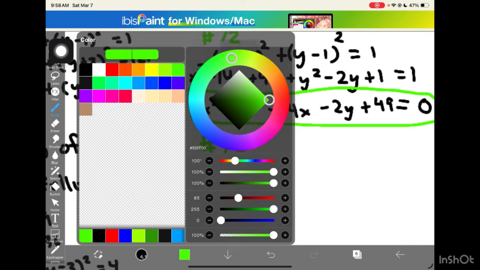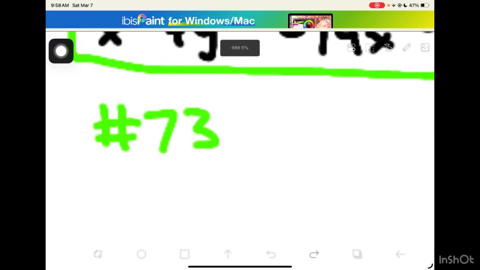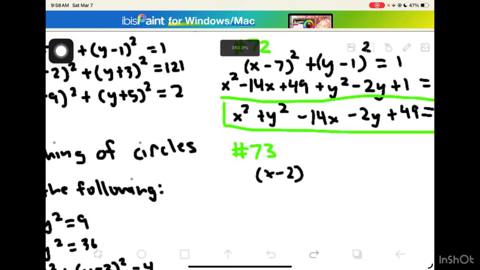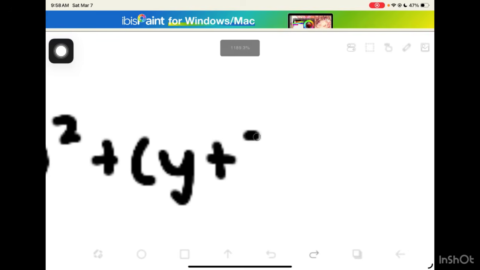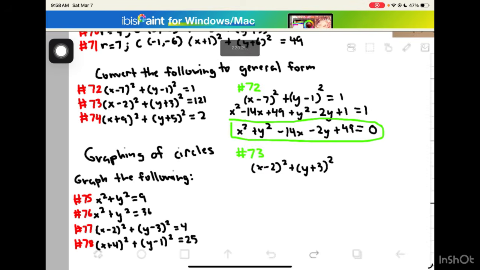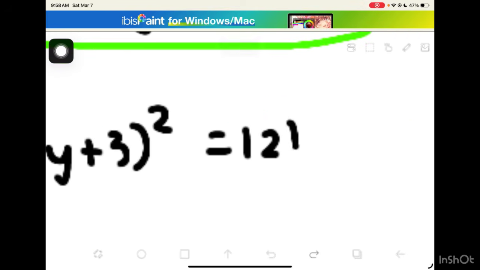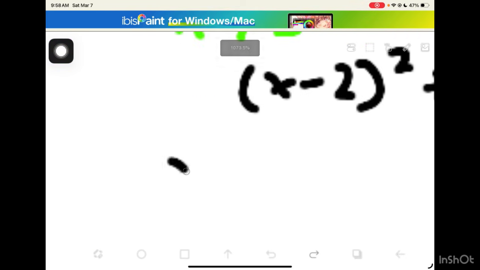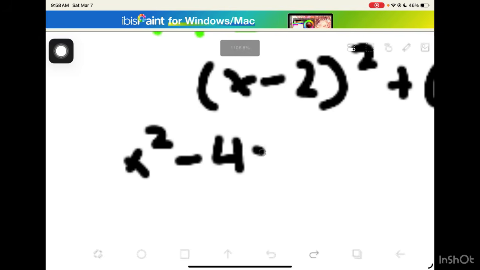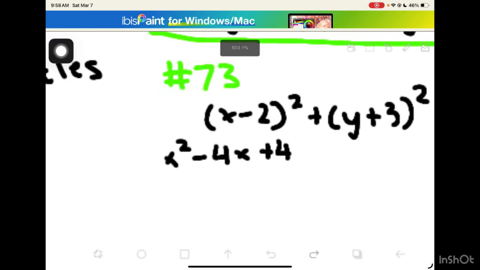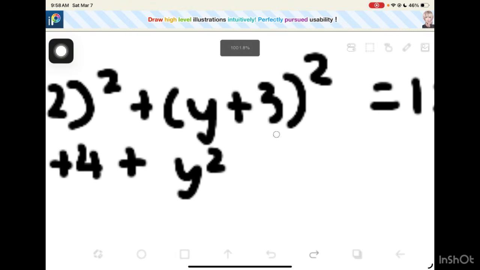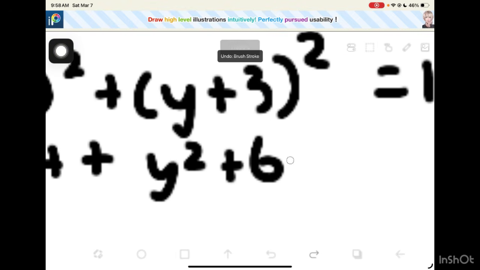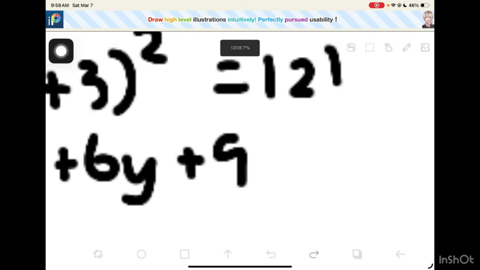Same process again. Let's use the binomial expansion theorem. x minus 2 squared plus y plus 3 squared is equal to 121. So this becomes x squared minus 4x plus 4 by binomial expansion theorem, plus y squared, and then 3 times 2, 6y, plus 9 is equal to 121.